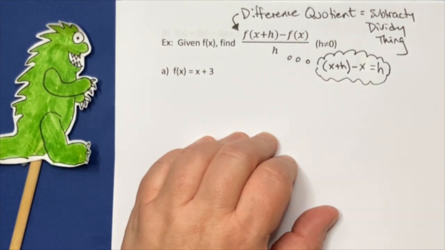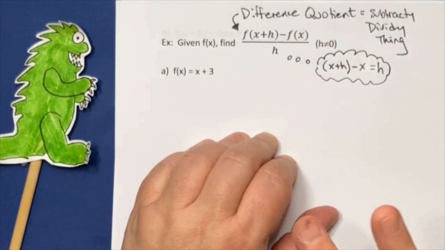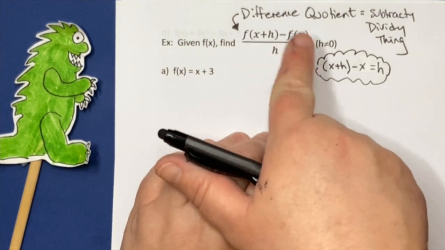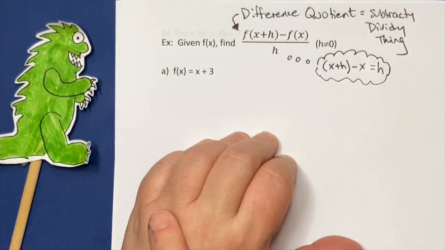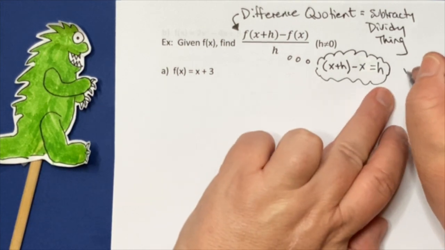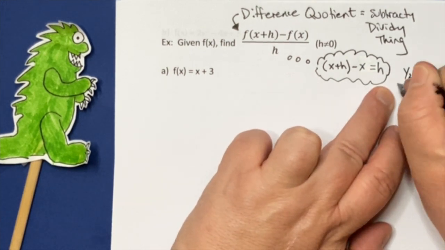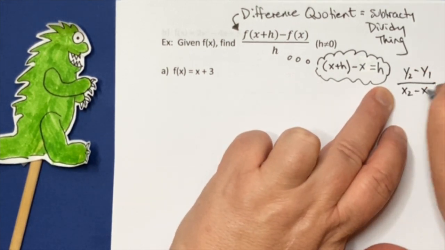And it turns out, and I know this may be hard to see right now, but this is just the slope. This is the formula for slope: y2 minus y1 all over x2 minus x1.